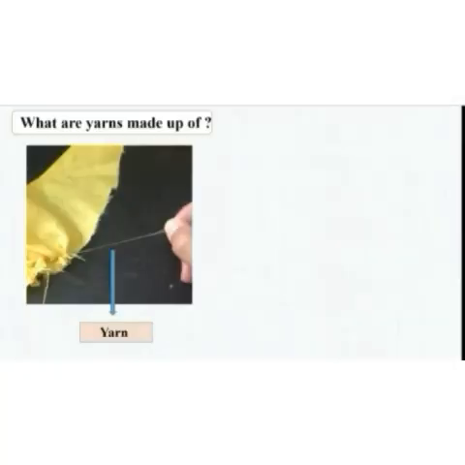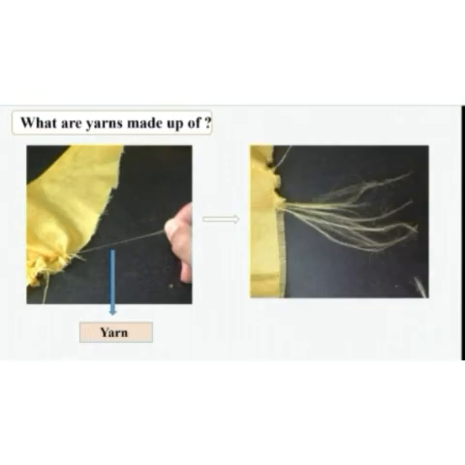Now students, let's try to look at yarns more closely. For this, scratch one end of the yarn which you took out from the fabric with your nail and observe it carefully. So students, what will you notice? You will notice that the yarn splits into many thinner strands, and these small and thin strands are called fibers.